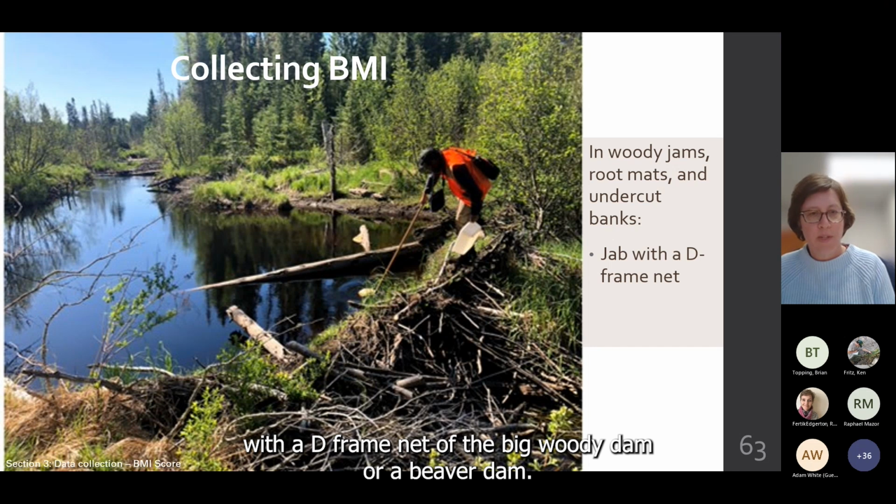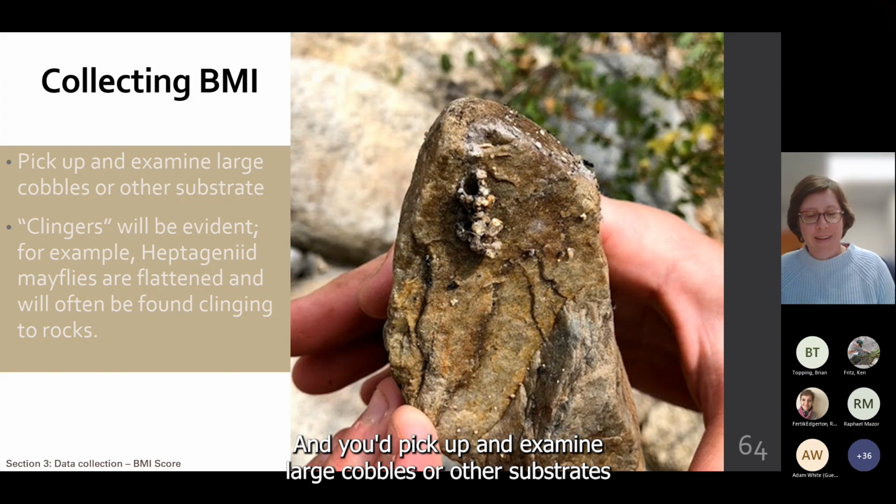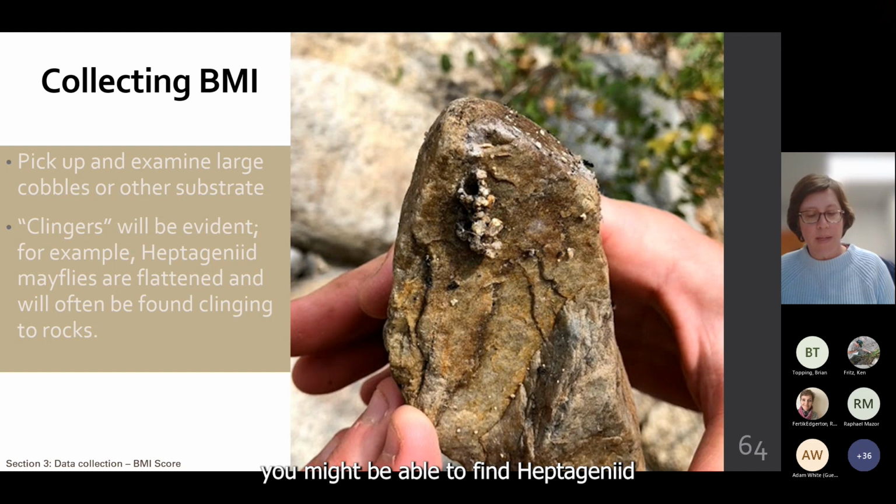That's a big woody jam or a beaver dam. And you pick up and examine large cobbles or other substrates. You might be able to find heptageniid mayflies and other things clinging to the underside of the rocks, or caddis-like casings.